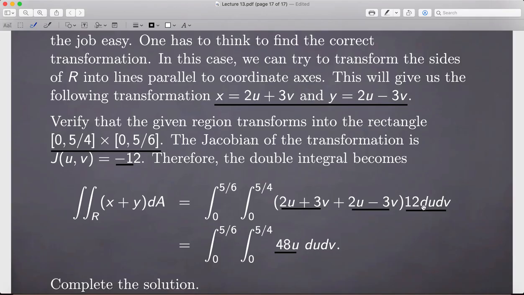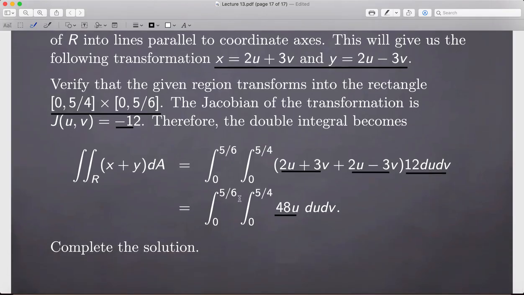That is why this 12, and this is such a simple integral to compute. So think of several situations of double and triple integrals where making a small change of variable helps. There will be a lot of other examples we will give you so that you can practice. Okay, all right.